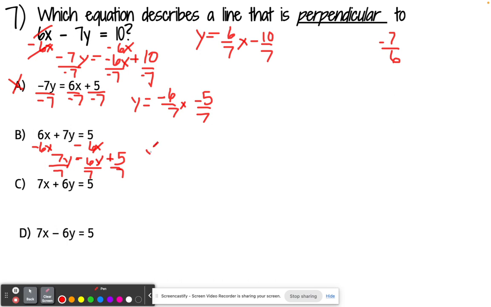I get y equals negative, this is a negative, I kind of lost it there a little bit, 6/7 x plus 5/7.